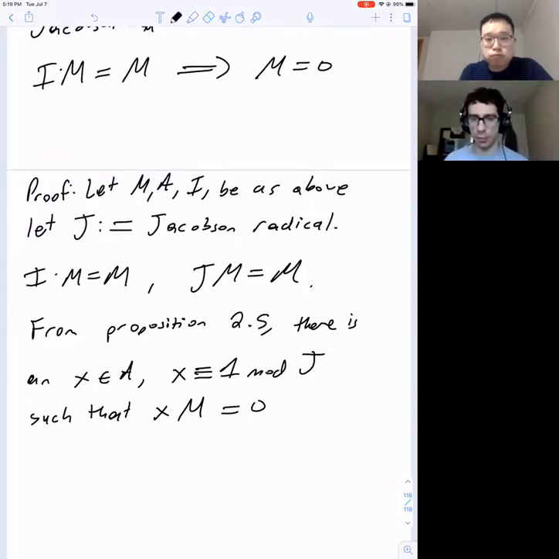So this perfectly fits into the statement of proposition 2.5, where in my case, the ideal started off as I, but it can also equal J.